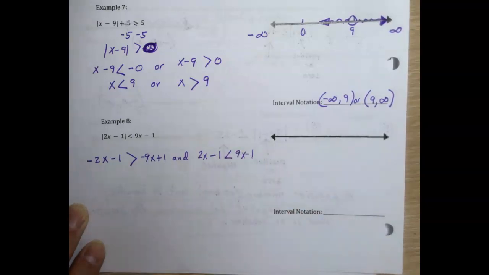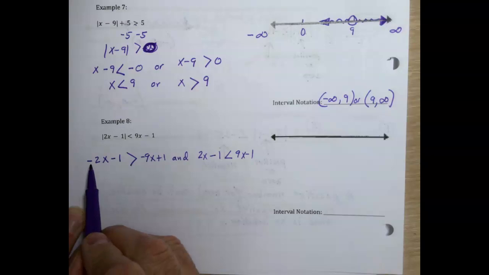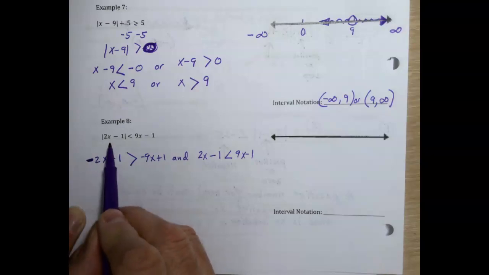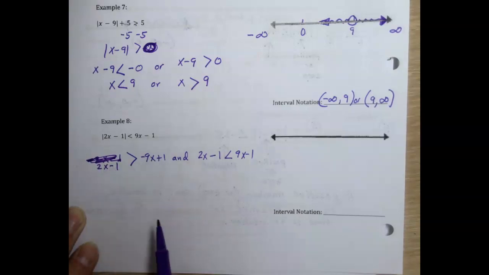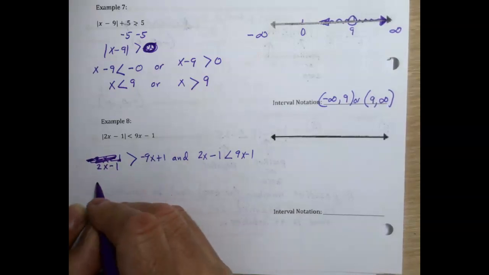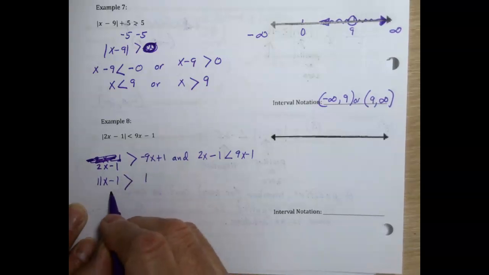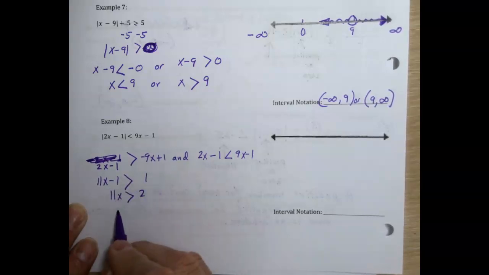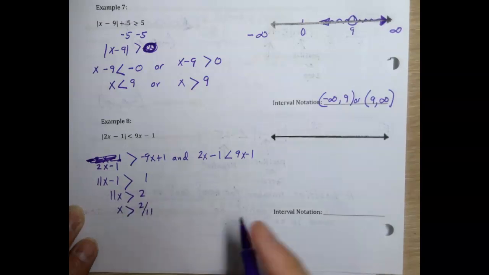Okay, so 9x over here, which gives me 11x minus 1 is greater than 1. And 1 over here is 2, which gives me x is greater than 2 11ths.